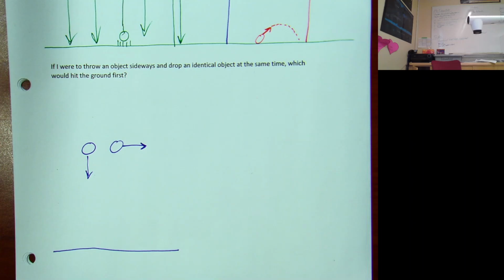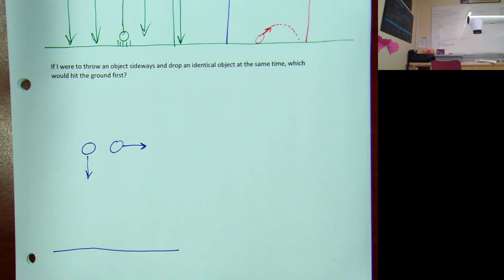I'm going to take this desk, and here's what I'm going to try and do. Because it's really hard to throw sideways perfectly and drop an object, to give this object a little bit of horizontal motion, I'm going to roll this thing. It's going to roll to the edge, and then it's going to fall.